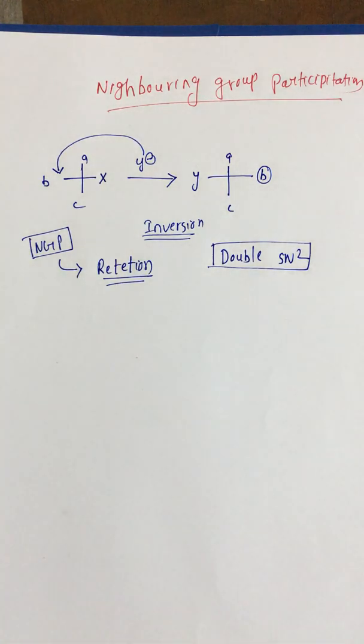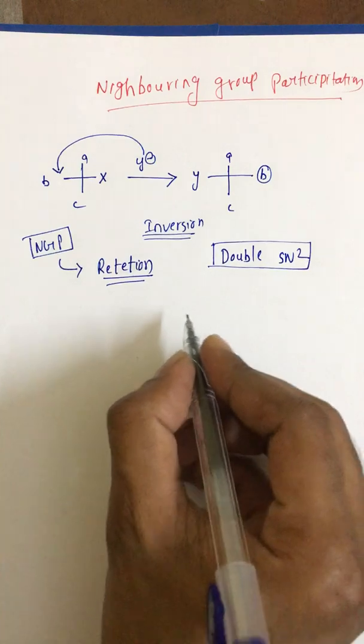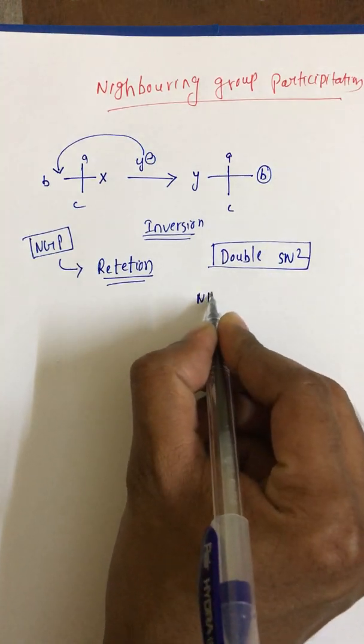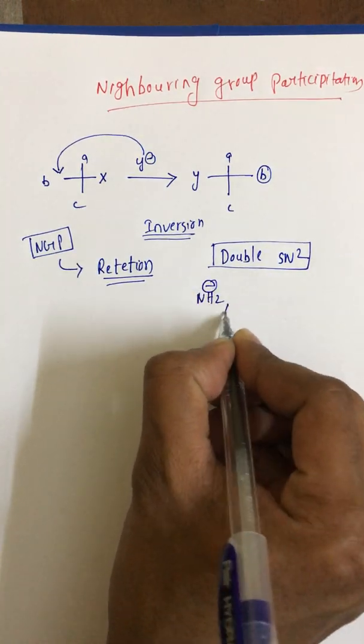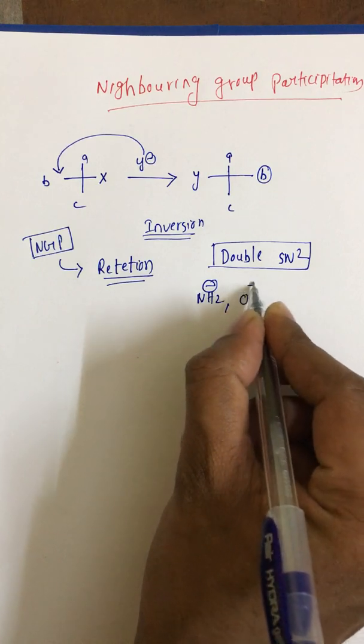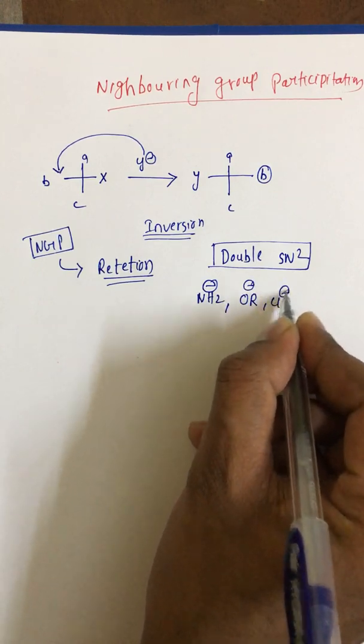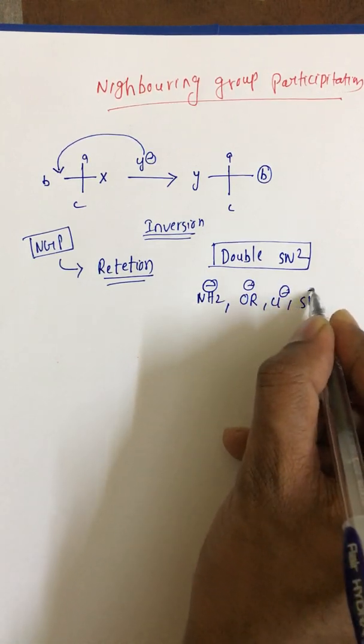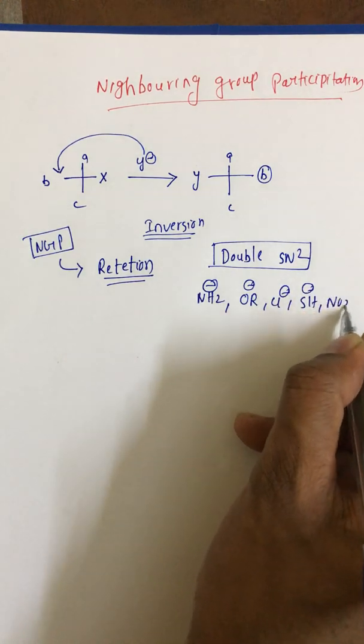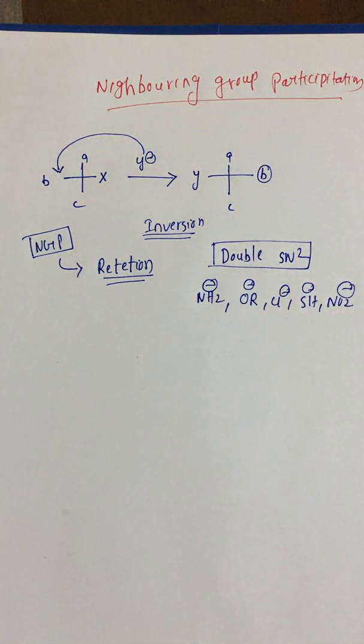Now the neighboring group can be an electronegative atom like NH2, oxygen, or any electron withdrawing group. All these can act as a neighboring group. They can be involved in neighboring group participation.